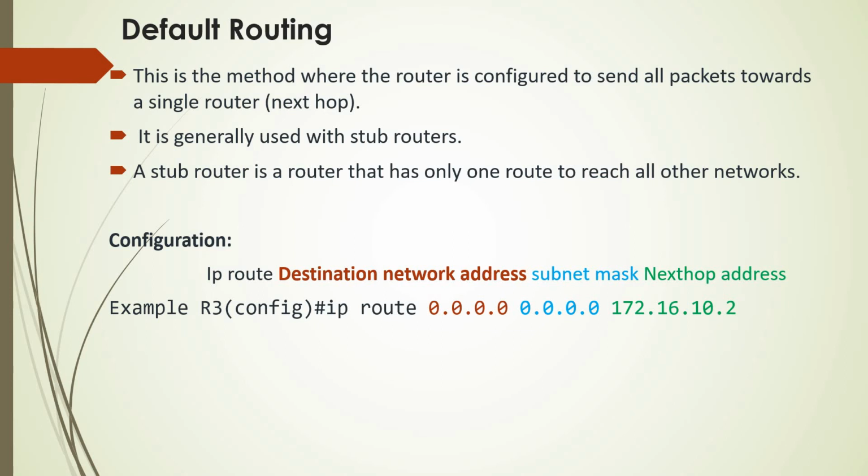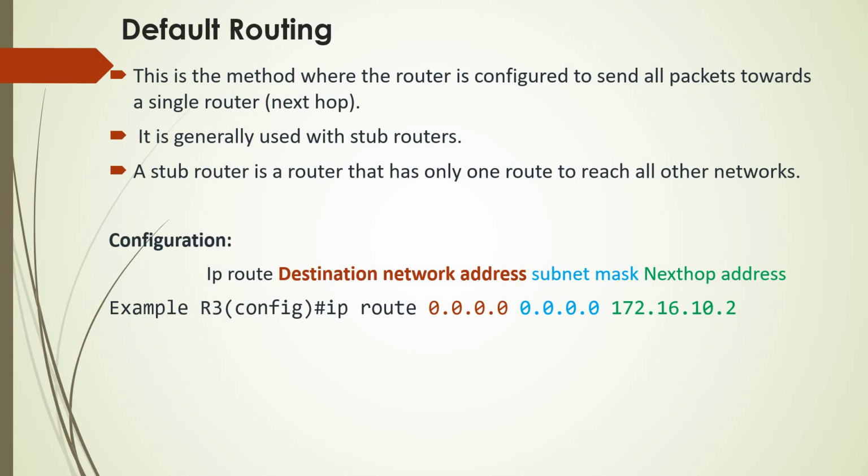In that case, we go for default routing. In this method, the router is configured to send all the packets towards the next hop, and it will generally be used on a stub router. What is a stub router? It has only one route to reach all other networks.